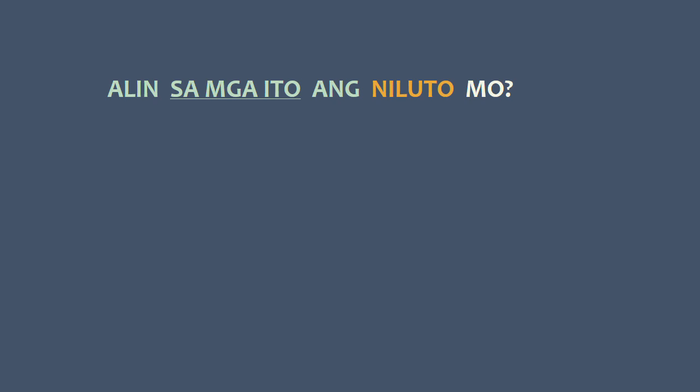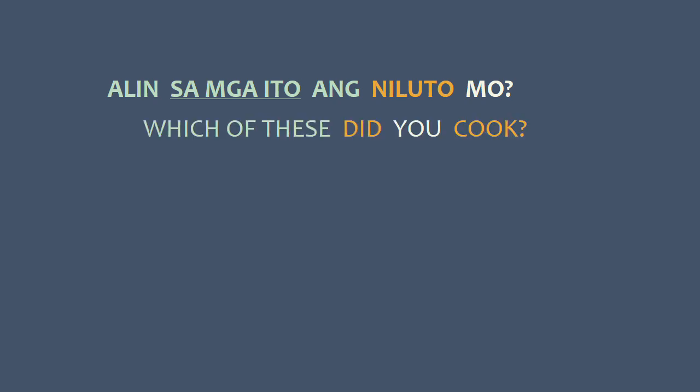Now, if the options are right in front of you or right with you, in English, you say, which of these, right? In Tagalog, you say, alin sa mga ito? Halimbawa, alin sa mga ito ang niluto mo? Which of these did you cook?